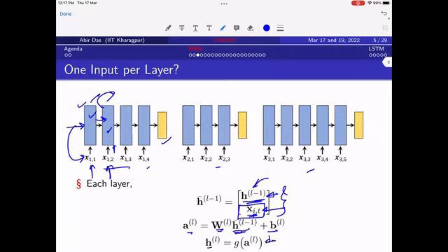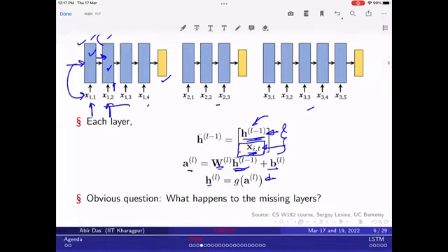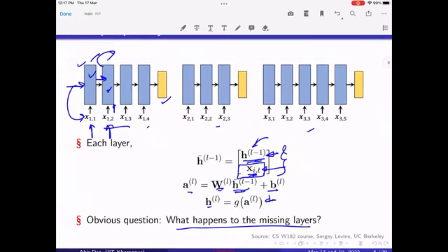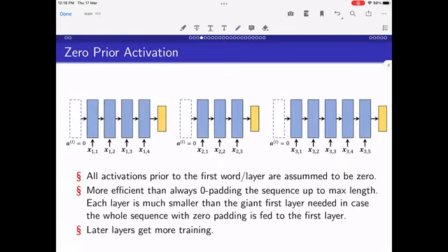Then an obvious question would be, what happens to the missing layers? For example, in this sequence, what will happen to the previous layers, however many there are? Again, the idea is using zeros. We can think that we have some sequence up to a max length, and suppose your max length is 6, then you assume you have 6 layers, and for everything before these 4 inputs, you assume the inputs are 0.